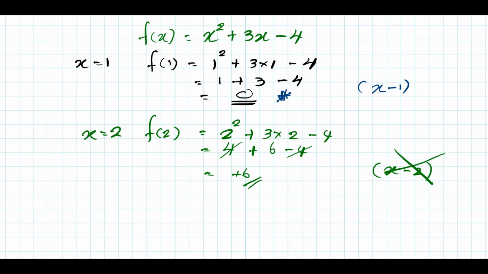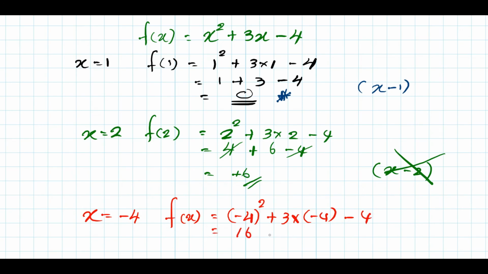Let me substitute another value. I substitute x equals minus 4. Then f(minus 4) is minus 4 squared plus 3 into minus 4 minus 4. Minus 4 squared we all know is plus 16. Here we get minus 12 and here minus 4.